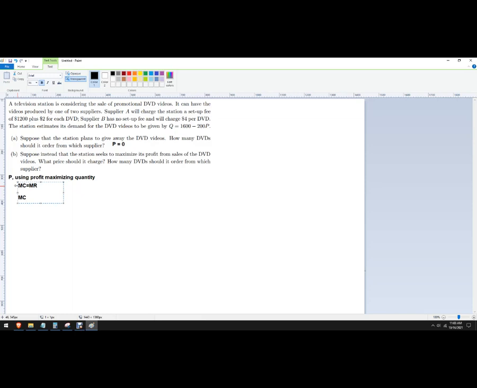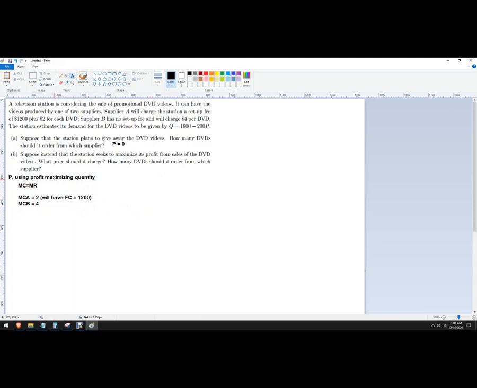Marginal cost for supplier A is 2, and supplier B is 4. Just recall that they will have fixed costs of $1,200. That won't make a difference in their production decision, just in their total profit that we need to figure out.